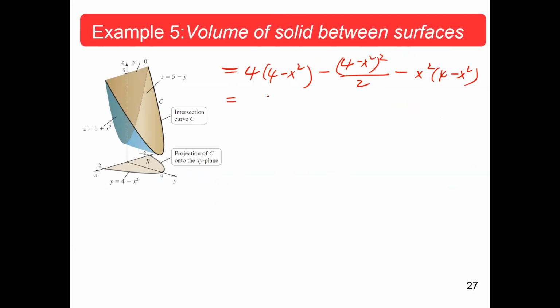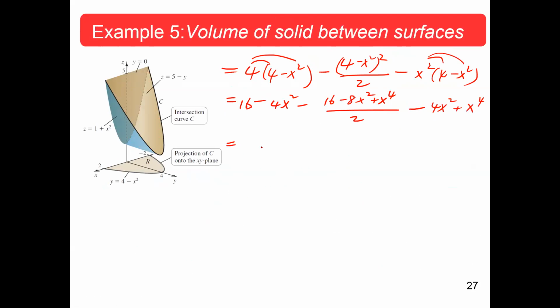All right, very quickly, let me just finish this simplification. You're going to distribute the 4: 16 minus 4x squared, minus 1/2, and then expand the square. It will be 16 minus 8x squared plus x to the 4th, and then distribute this x squared: 4x squared plus x to the 4th.